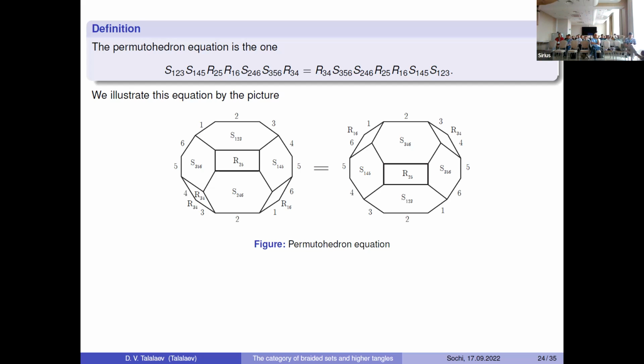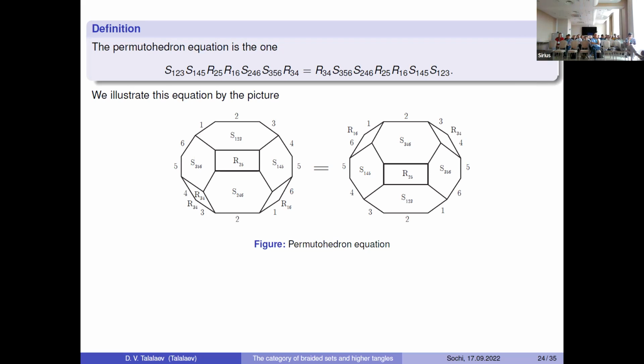So let us consider a point with coordinates 1, 2, 3, 4 in a 4-dimensional space, and its orbit under the action of the group S4. It appears to be a polyhedron with faces of valency 4 and of valency 6. Okay, so it's a polyhedron P4.